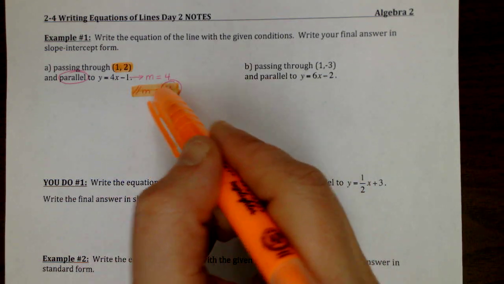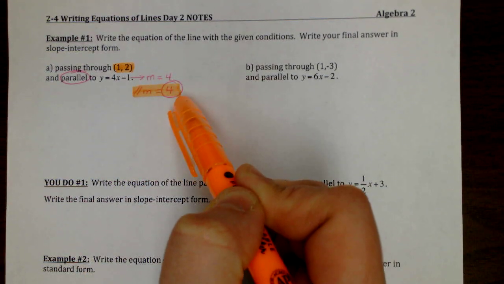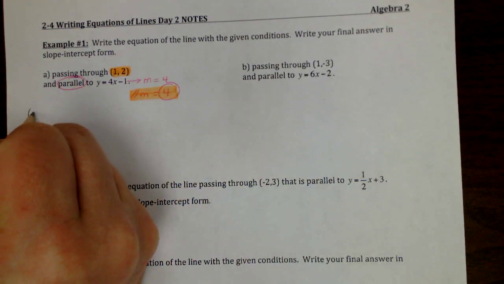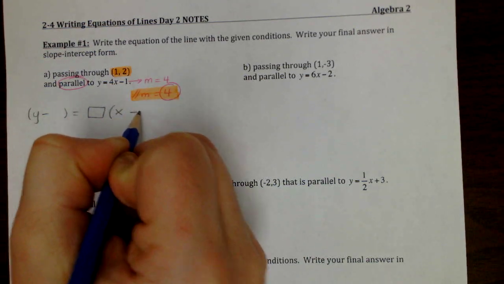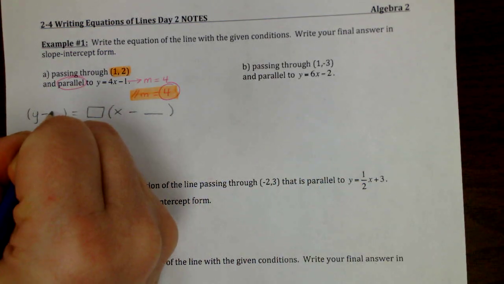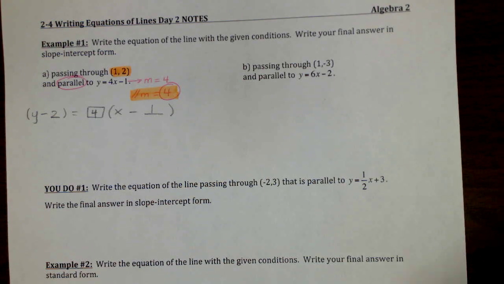So I'm going to write an equation using the point 1, 2, and I'm going to use the slope equal to 4. So I'm going to start in point slope, which is y minus. Plug in my y value, my slope, and my 1.